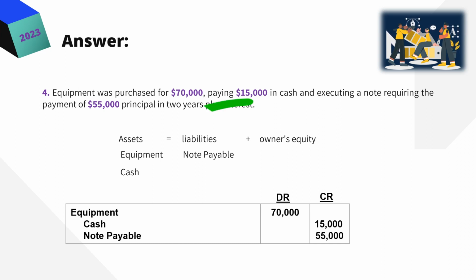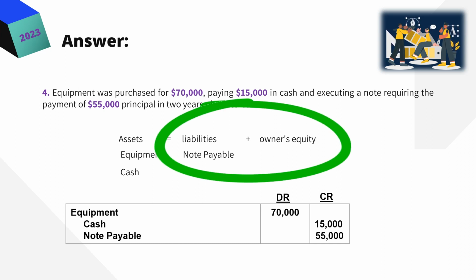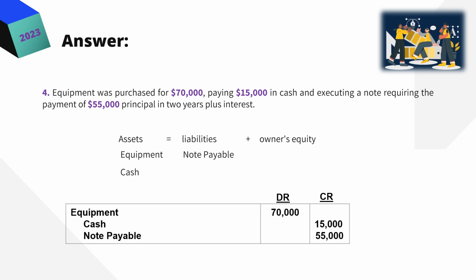If we look on the right-hand side of the equation, do we have any future obligations incurred as a result of this transaction? And the answer is yes. We have a future obligation to pay $55,000. Yes, we'll have to pay interest in the future, but at this moment, if we were to pay off that obligation, we would have no interest due.